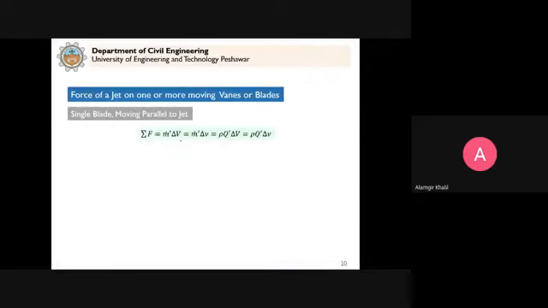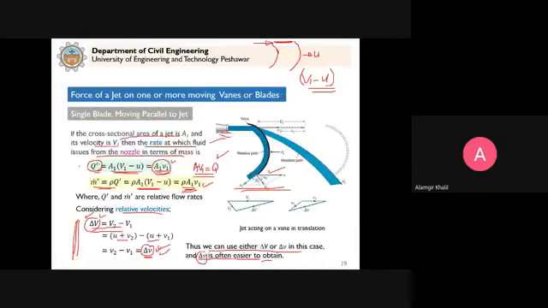So now we say that the summation of forces will be equal to rho q dash delta V or rho q dash delta small v. If you want to calculate the force on a single moving blade, this will be equal to rho q dash, where q dash is the discharge less than for that stationary vane that we just discussed.